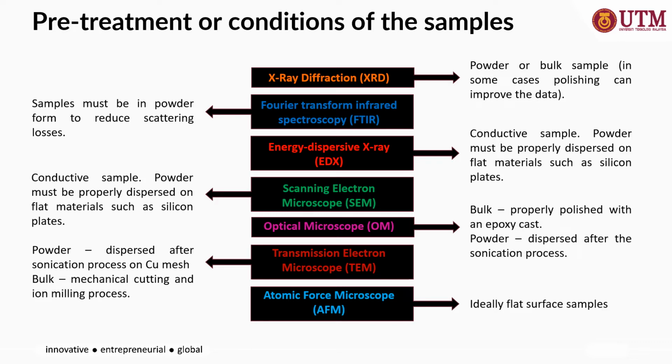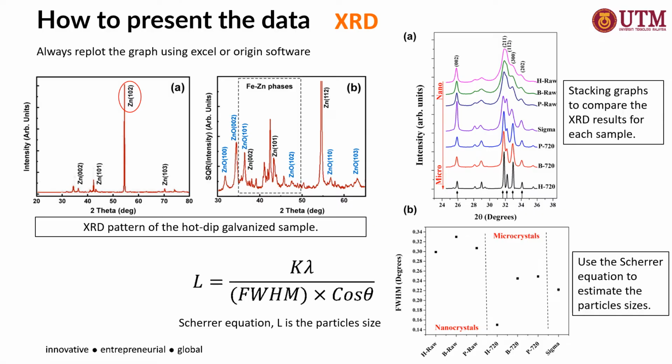If your sample is, for example, too rough, maybe the result won't be very good, because the AFM has a specific tip, and this tip has a limited scanning depth, depending on the roughness of the sample.